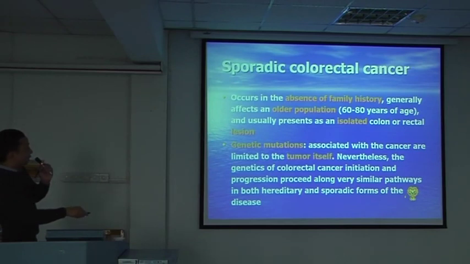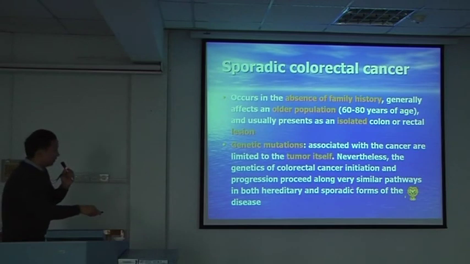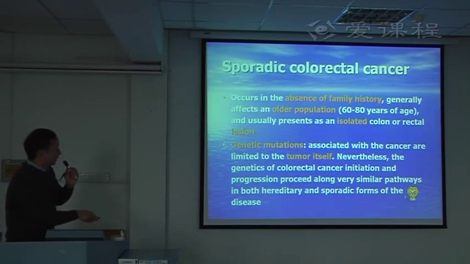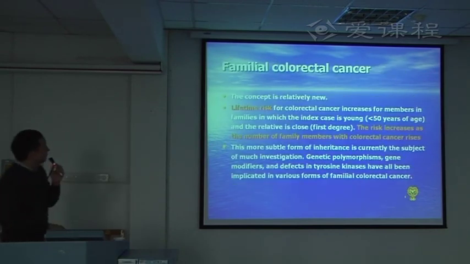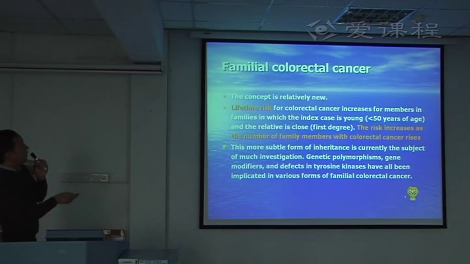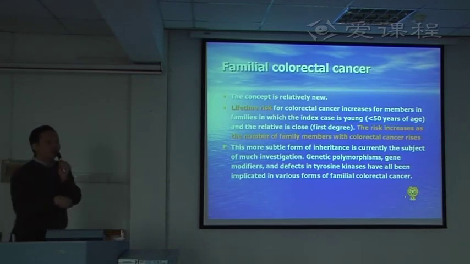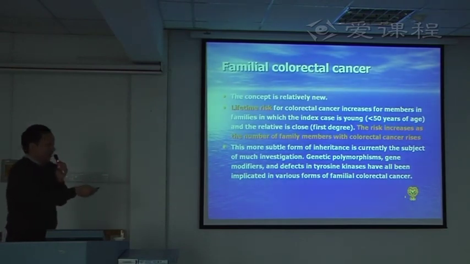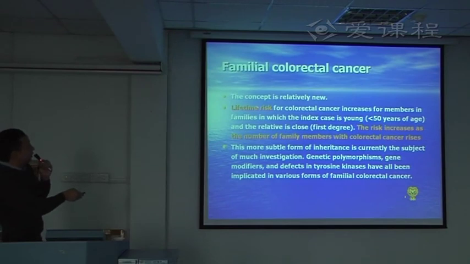The genetics of colorectal cancer initiation and progression proceed along a very similar pathway in both hereditary and sporadic forms of disease. So the initiation and the progression are the same. So what is familial colorectal cancer? This concept is relatively new. Before this lecture, I didn't know this kind of concept.